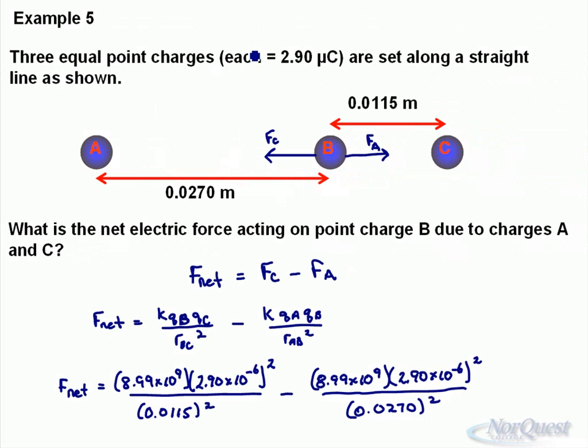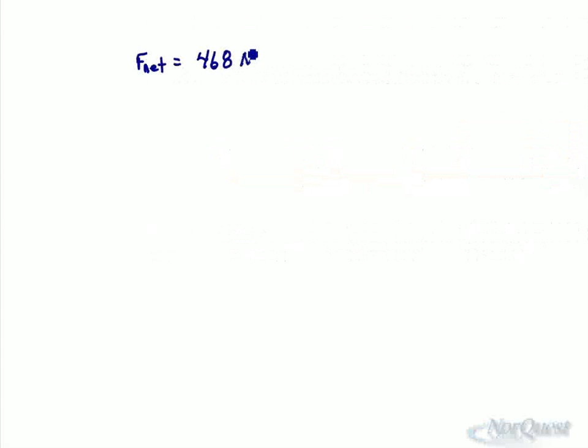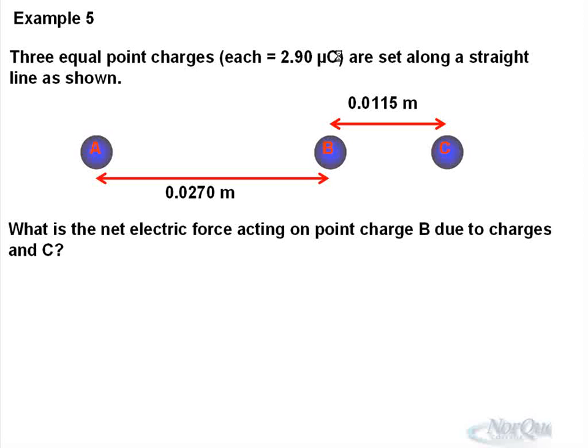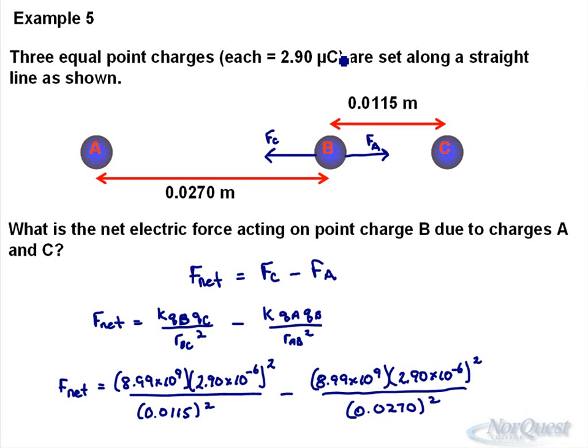Because it's positive, that means FC was greater, and FC is pointing to the left side of my page, so I'll say to the left in this case. And that's how you answer along a straight line. If you have multiple charges acting on the object, you need to do a little bit of thinking at the beginning, figure out what directions these forces would be based on the sign, then figure out what the magnitudes would be based on the size of the charge and the distance between the charges.